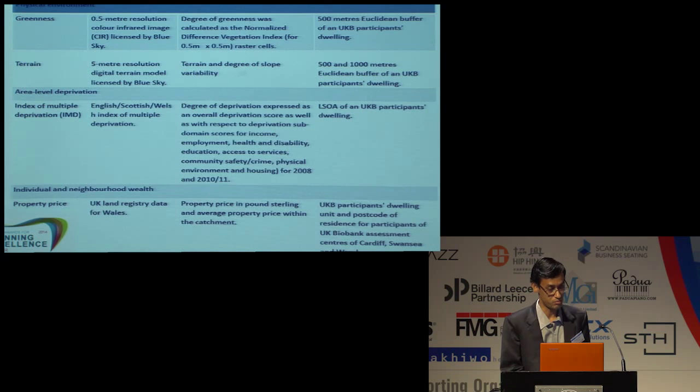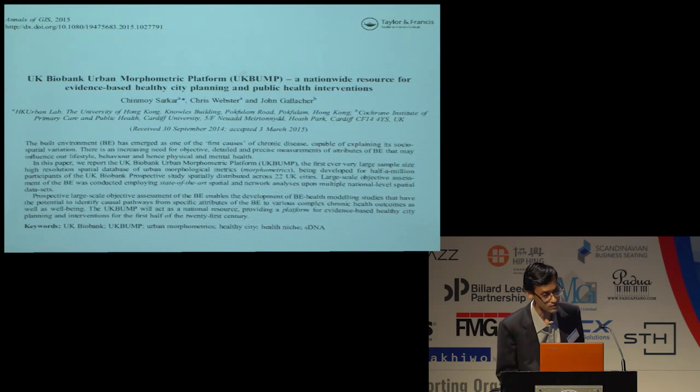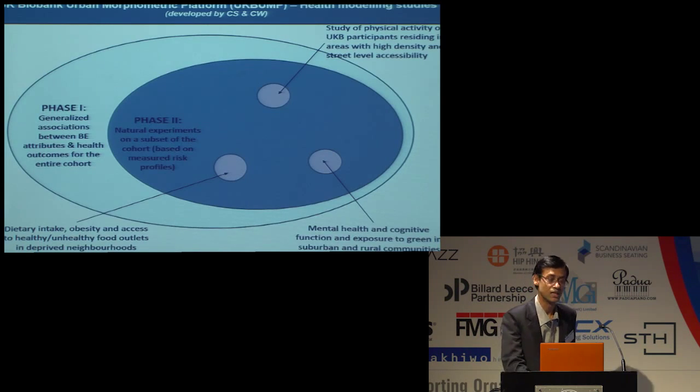You have the index of multiple deprivation, as well as the property price for individuals, as well as within the postcodes. This is a paper that got published and that talks in detail about the UK Biobank Urban Morphometric Platform.